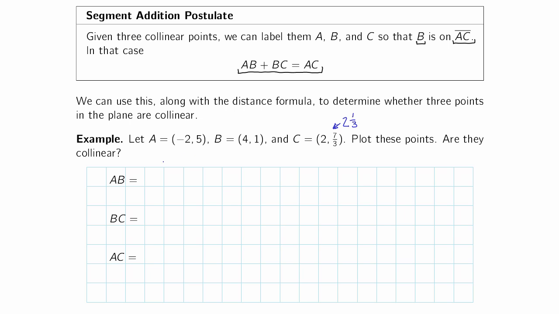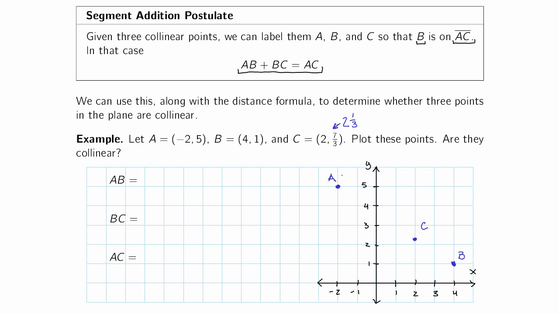So let's see. Our x values are going to go from -2 to 4, and our y values are going to go from 1 up to 5. So a set of axes like this should work for us. Our points are A at (-2, 5), B at (4, 1), and C at (2, 2 1/3). Are these collinear?